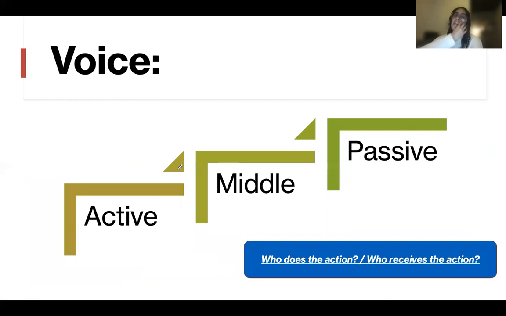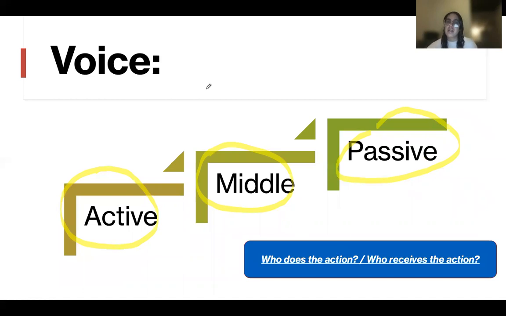And finally, the voice, this grammatical device, helps us to understand the way we express a clause, an idea. When I am talking about the way, it can be an active voice, a middle voice, or a passive voice. For that reason, this grammatical device answers the questions: who does the action and who receives the action.